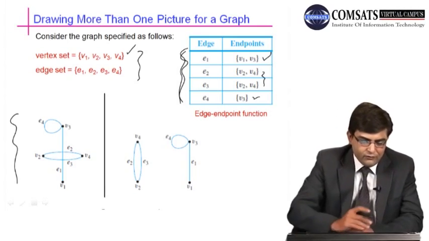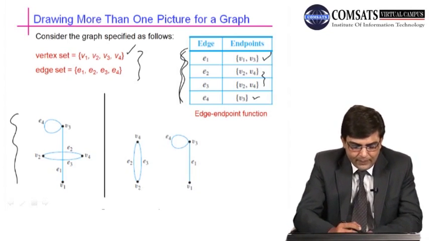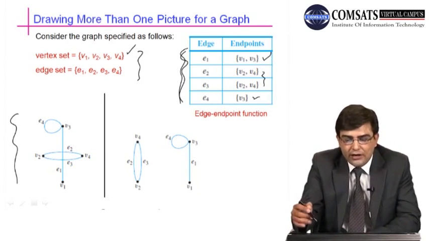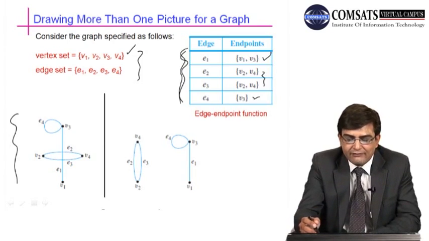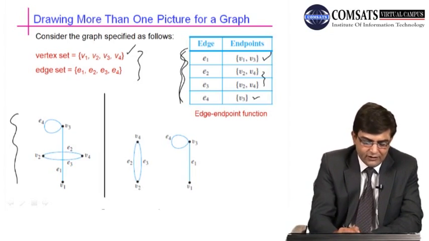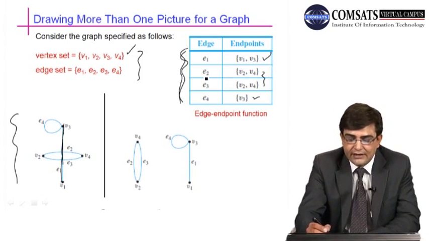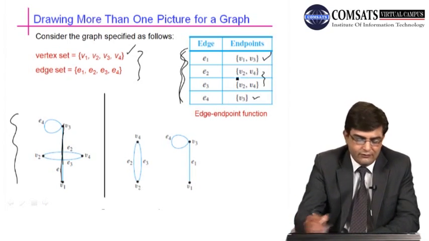According to the edge endpoint function, the endpoints of E1 are V1 and V3, so we connect V1 to V3. Then E2, whose endpoints we can see from the edge endpoint function are V2 and V4.